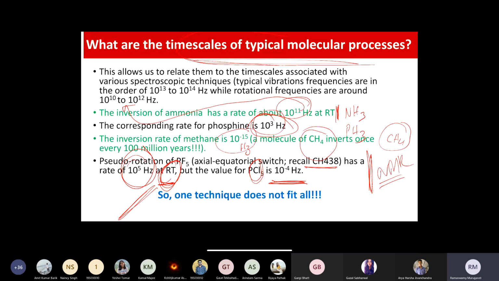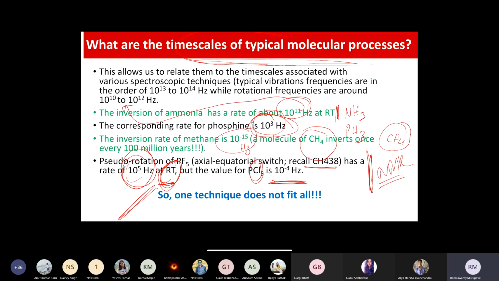By cooling or heating, I can make my tumbling motions either faster or slower, so that another spectroscopic technique, which is normally not possible at room temperature, becomes suitable for this given molecular process at a different temperature. So these are the little games you play around to use different techniques.